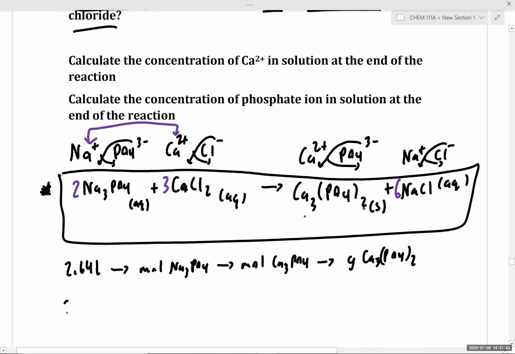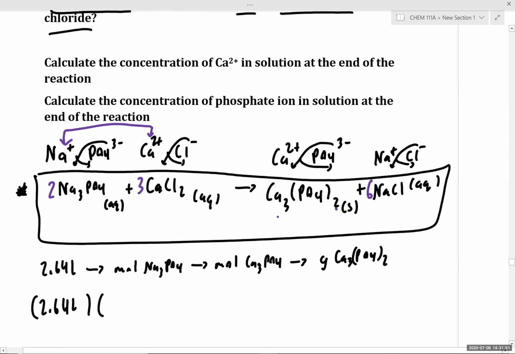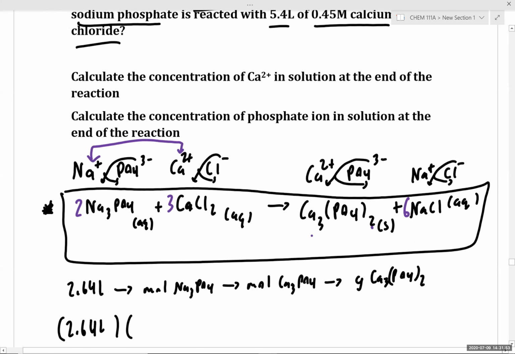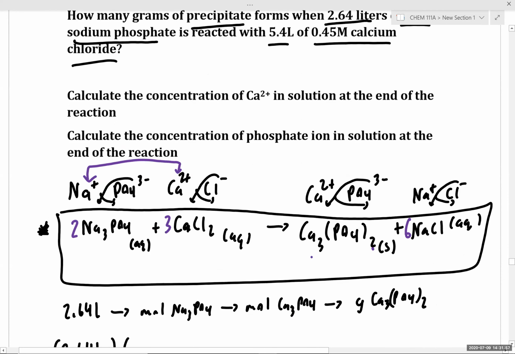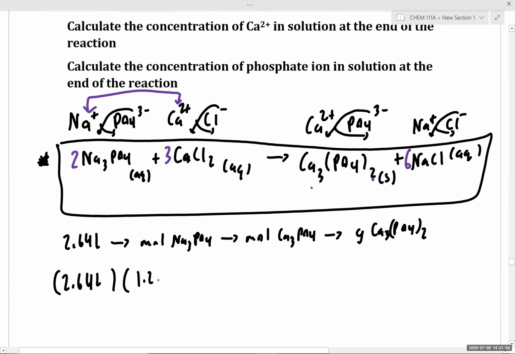So we have 2.64 liters. And then looking up our molarity, let's look up the molarity of our compound. We have 1.2 moles of sodium phosphate per every 1 liter.